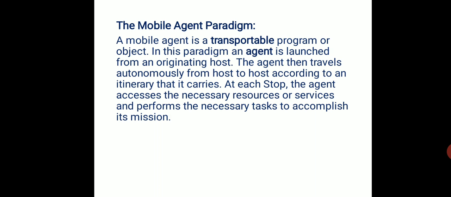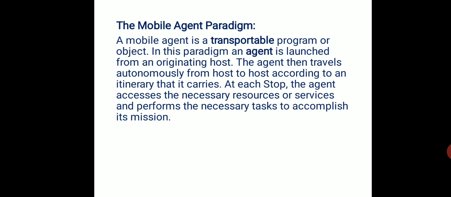The next paradigm is the mobile agent paradigm. The mobile agent is a transportable program or object. In this paradigm, an agent is launched from an originating host. The agent then travels autonomously from host to host according to an itinerary that it carries, that means on a moving basis.